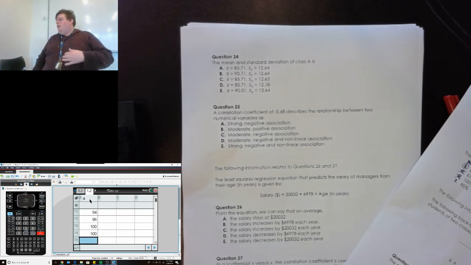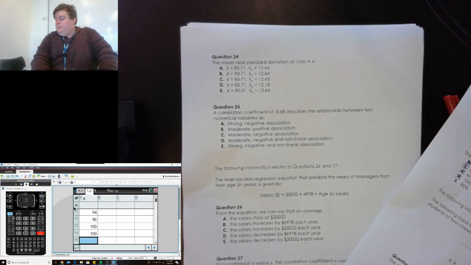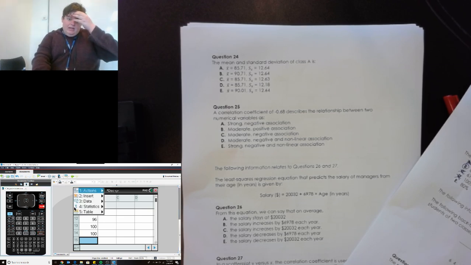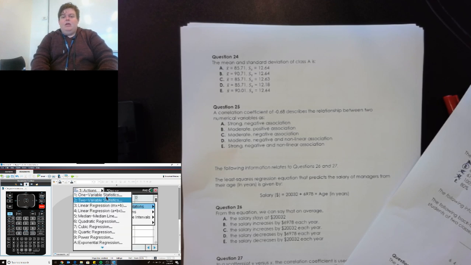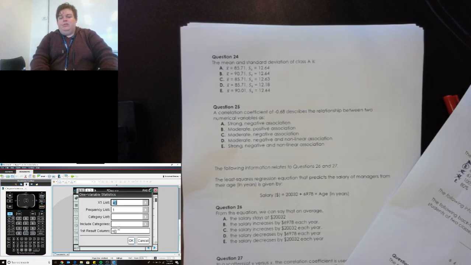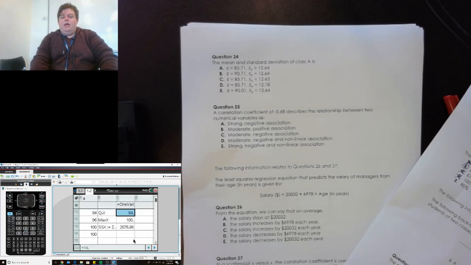Cool. Alright, we're back. So all the data's entered. So it's asking me to find the mean and standard deviation. So to do that, I go menu, statistics, stat calculations, one variable statistics, because we're only looking at column A, and this will spit out a whole bunch of info here.